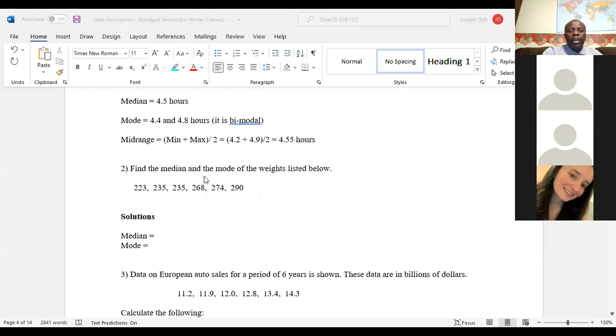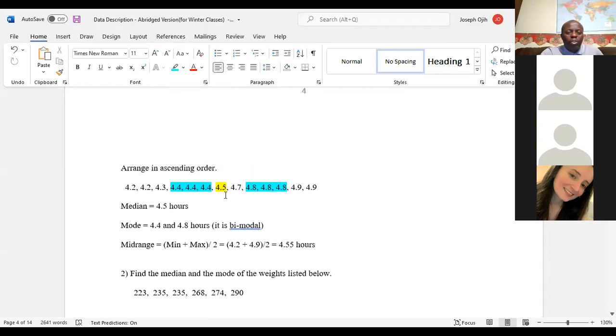Number 2 says, find the median and the mode of the weights listed below. So the median is here. They are already arranged from smallest to largest: 2, 2, 3, 5, 6, 8. Am I right or wrong? You're right. So in that case, for the number at the middle, there are 6 of them. It's unlike the previous one where we have 13 numbers and only one number is in the middle.